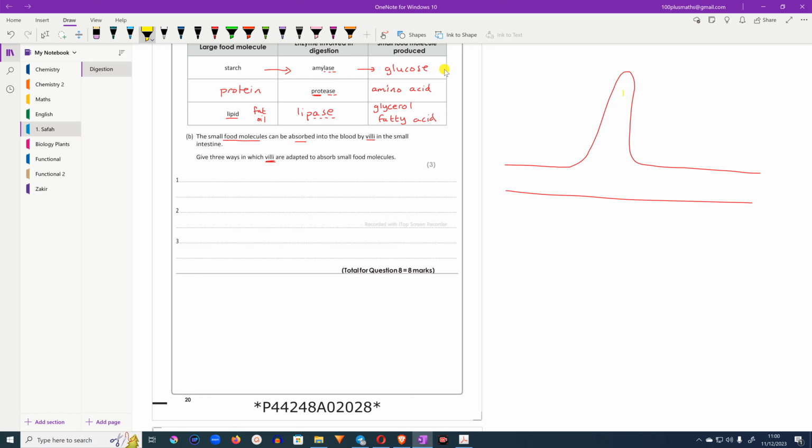Then you've got a little structure inside, lacteal. It's linked to the lymph system, but eventually goes back into the blood. And then you've got, we've used the wrong colors. You've got capillaries, a network of capillaries. I don't know why I did that. That should have gone up there, and that should have come down here. Right, so you've got a network of capillaries.